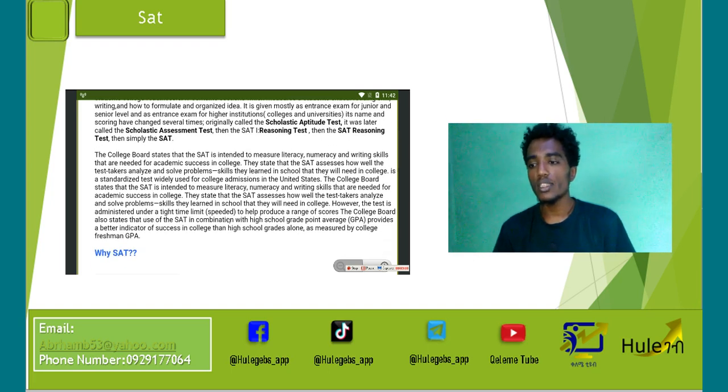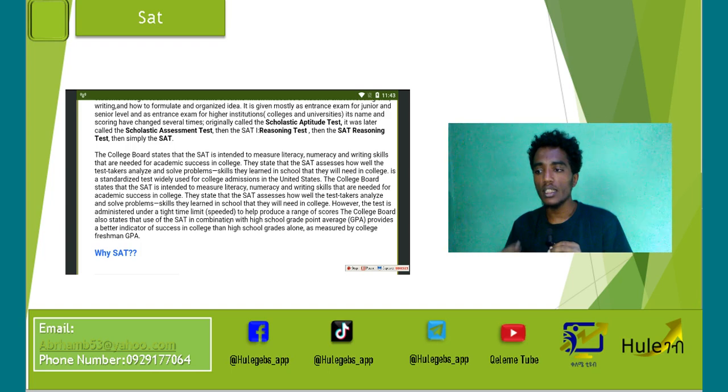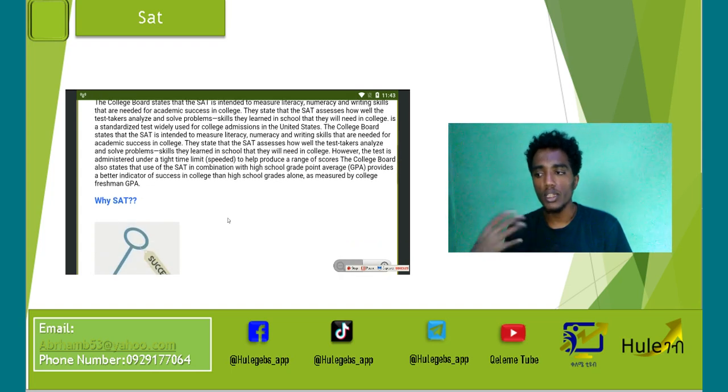The College Board says that the SAT is intended to measure literacy, numeracy, and writing skills needed for academic success in college. They state that the SAT assesses how well the test taker analyzes and solves problems. Together with a high school GPA, it provides a better indicator of success in college than high school grades alone.